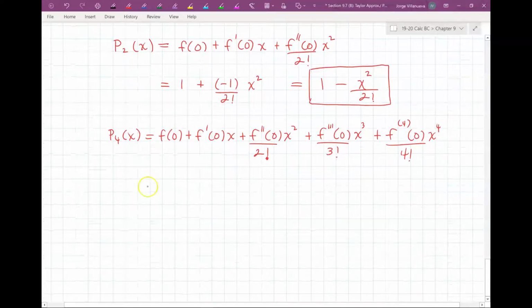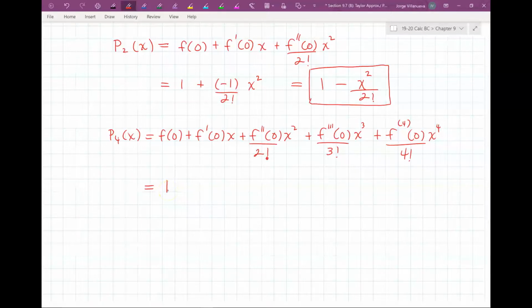So, f of 0 is 1. f prime of 0 x, that's 0, because it's 0 times x. f double prime of 0, x squared over 2 factorial, that's negative 1 over 2 factorial x squared.